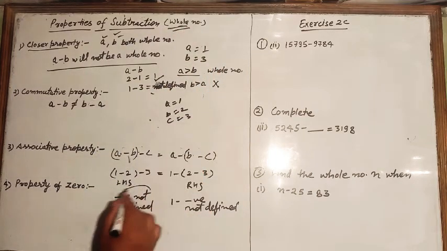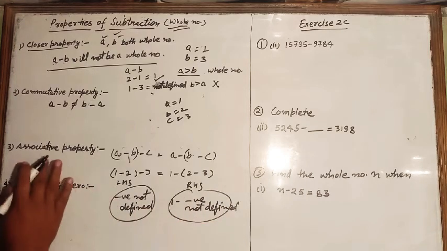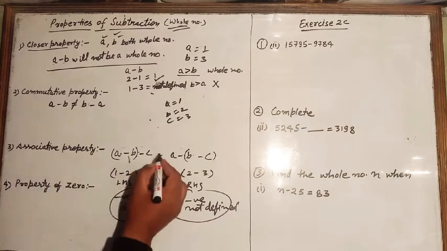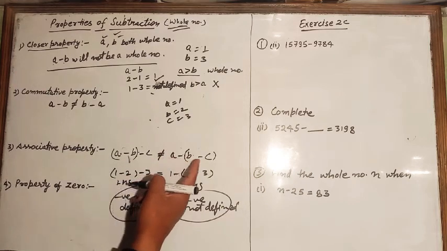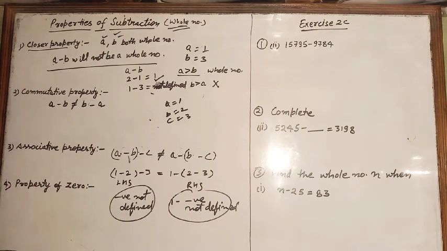Negative numbers come under integers, which is our next chapter, so it is not defined. So we can write that (a minus b) minus c is not equal to a minus (b minus c). The associative property does not hold good for whole numbers.